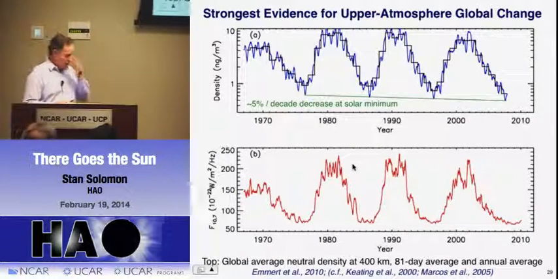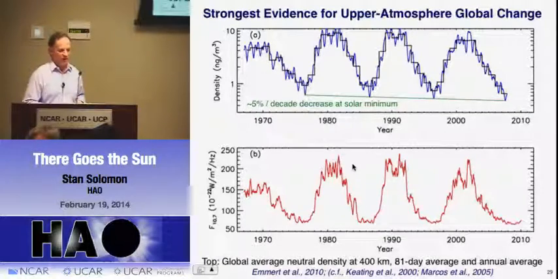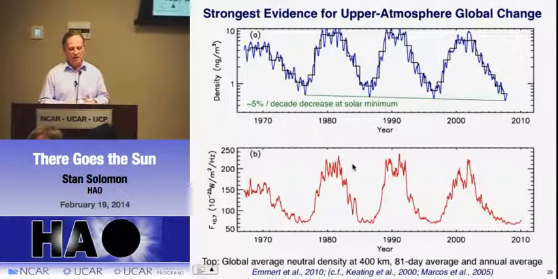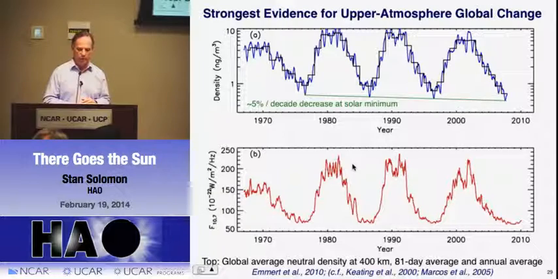Sorry, one of the pitfalls of this field is we keep speaking in decades versus years. 5% per decade is the observed decrease at solar minimum. Now, since Keating's findings, Frank Marcos has corroborated that using different satellites and different techniques, and John Emmert has corroborated that and carried it much further forward using his method, which is basically to study the orbital elements of every piece of junk and functioning satellites, everything in low Earth orbit.